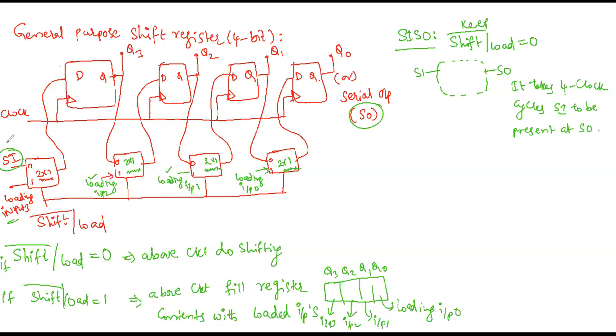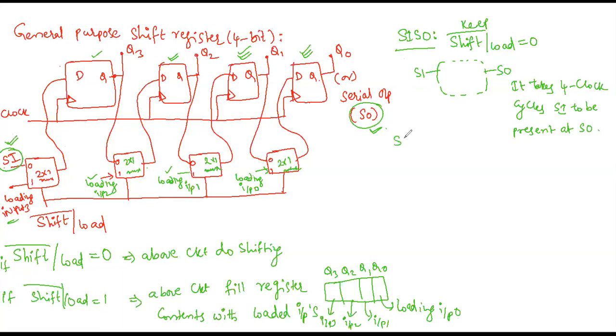Because for the first clock cycle, it will pass through this flip flop. Second clock pulse, this one. Third clock pulse, this. And at the fourth clock pulse, the same value will appear at serial out.